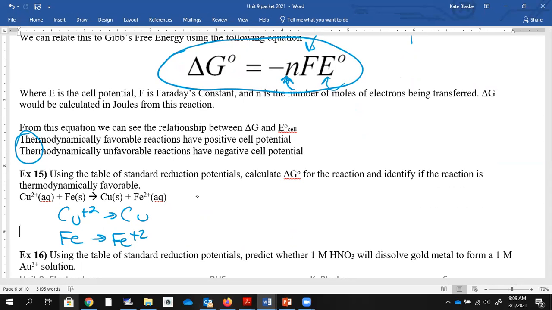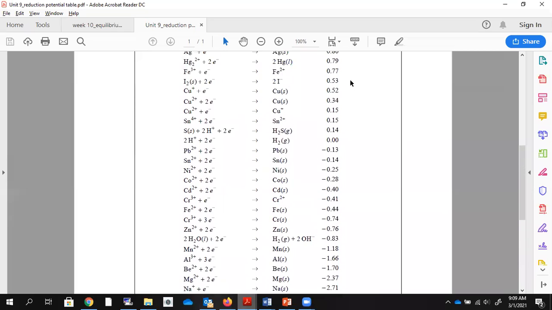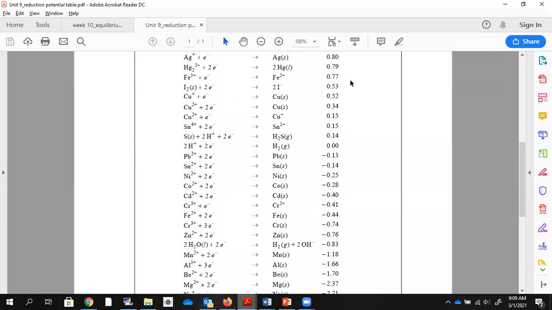We need to look these up on our standard reduction potential chart. On our new blue sheet, we've got copper 2+ going to copper metal. That's 0.34. And then iron 2+ and iron metal is 0.44.